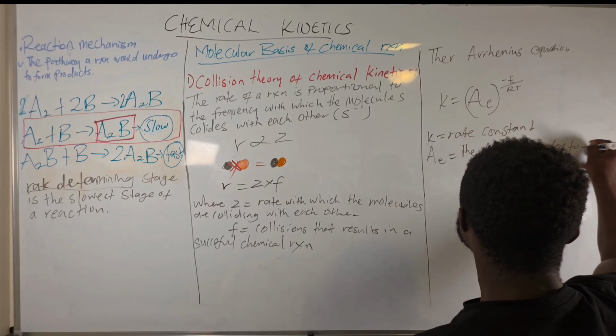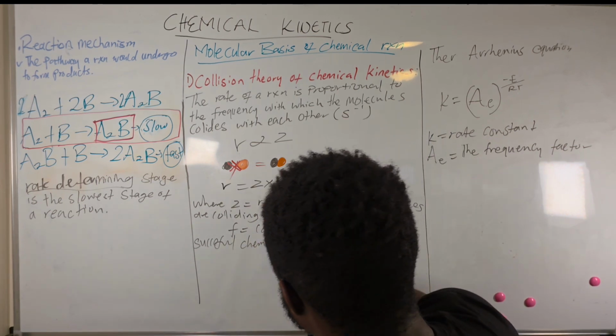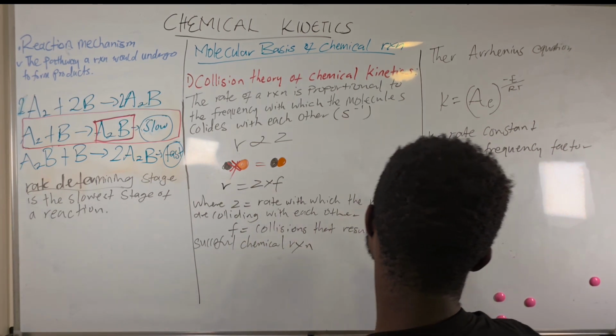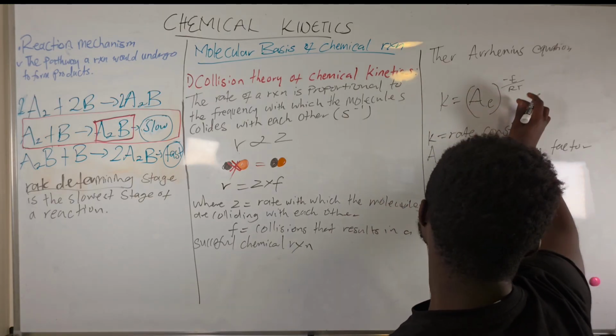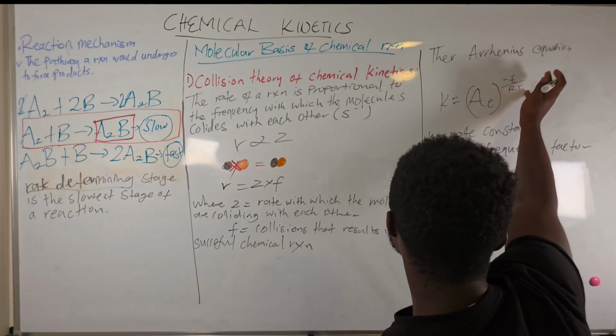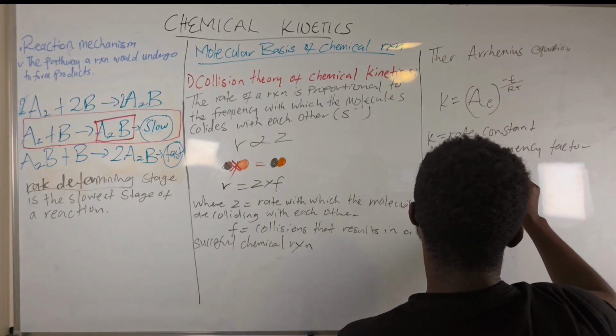So the frequency factor is basically how the molecules are colliding with each other. And in this RT, R is the gas constant and T is the temperature. So T is the temperature, right?